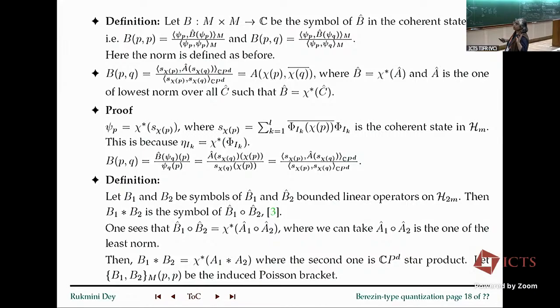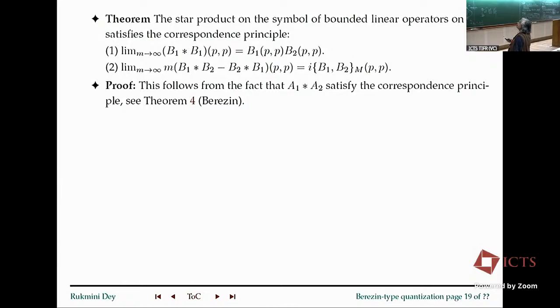When it goes into CPN, there is Z and Z bar, right? So then it takes on complex character, like chi P and chi Q bar. And it's a little bit of work, not very much, to show that if B1, B2 is the induced Poisson bracket, it will satisfy the correspondence principle.